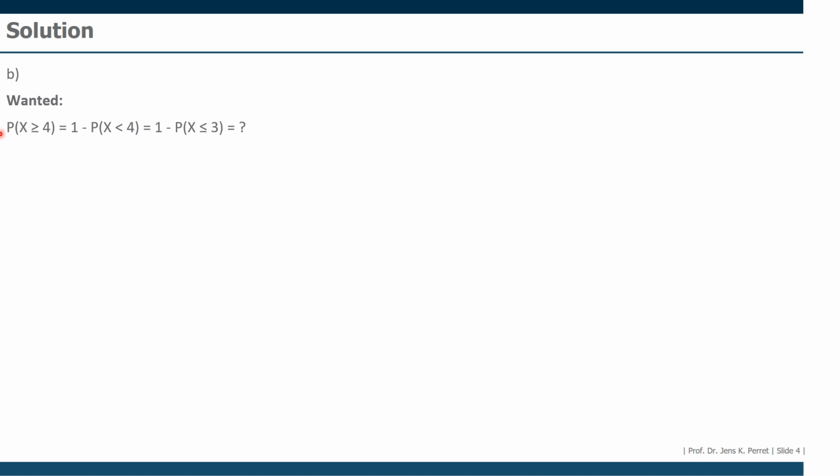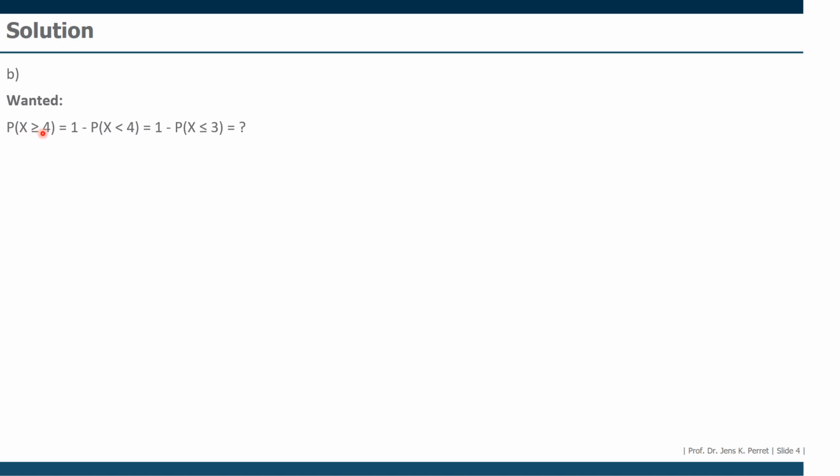So in other words, I want to know what is the probability that someone only passes the exam at try 4, 5, 6, 7, and so forth. And this is something I can calculate. That's a probability I want to know. He will pass at a later trial than 3.